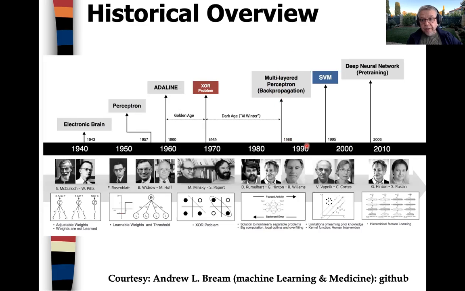There was again some interest in the area of artificial neural networks until the SVM came, and that killed neural networks a little bit, until again in 2006 when Hinton came up with a way to train deep networks. We're going to talk about what a deep network is.